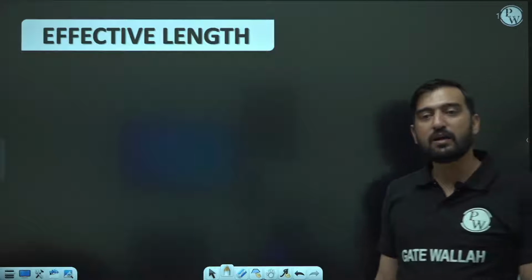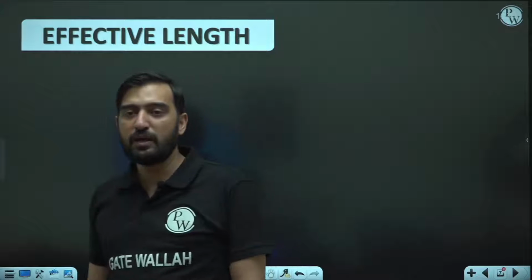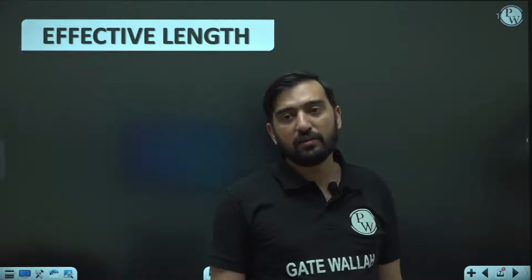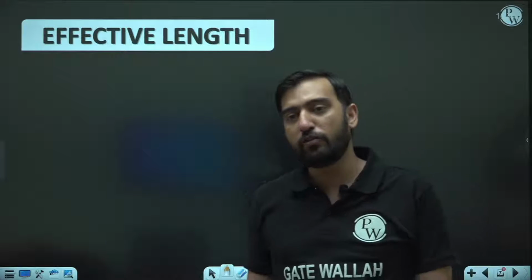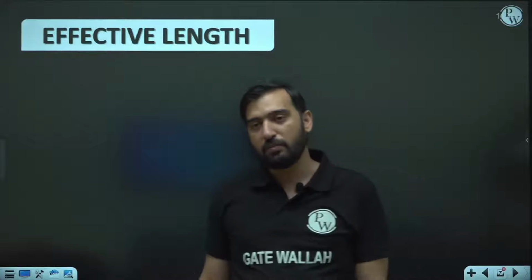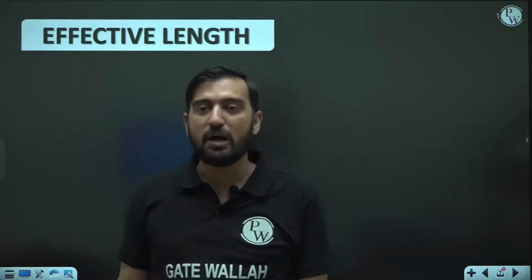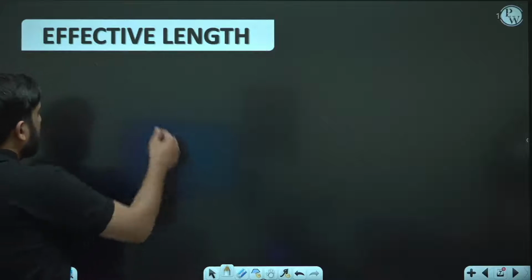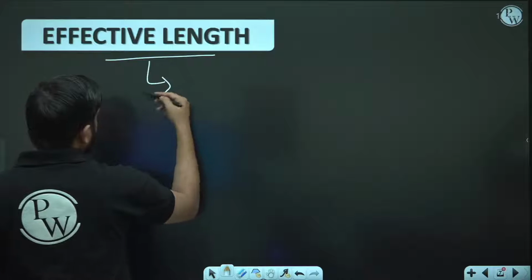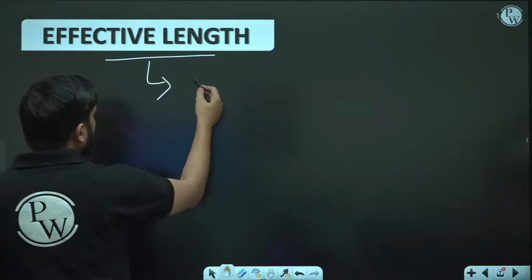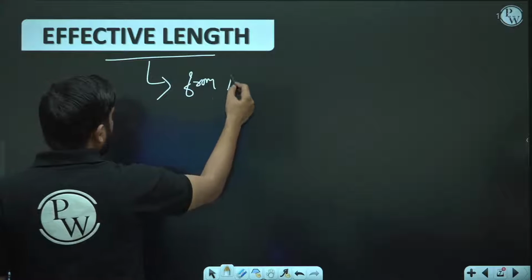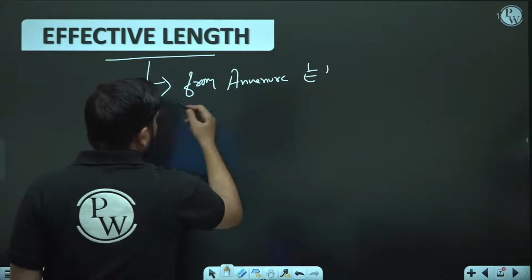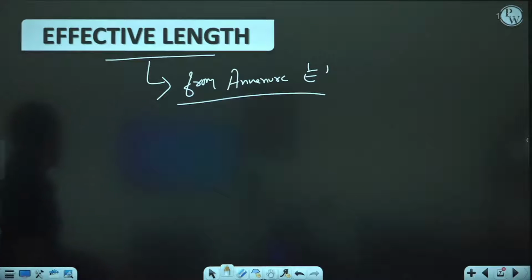But all these are theoretical values which you have obtained by Euler's buckling load. In Annexure E you can find the effective length of a column for some more end conditions, partially restrained conditions. So my advice is to go for the IS code recommended values from Annexure E, I think page number 94 or 95.